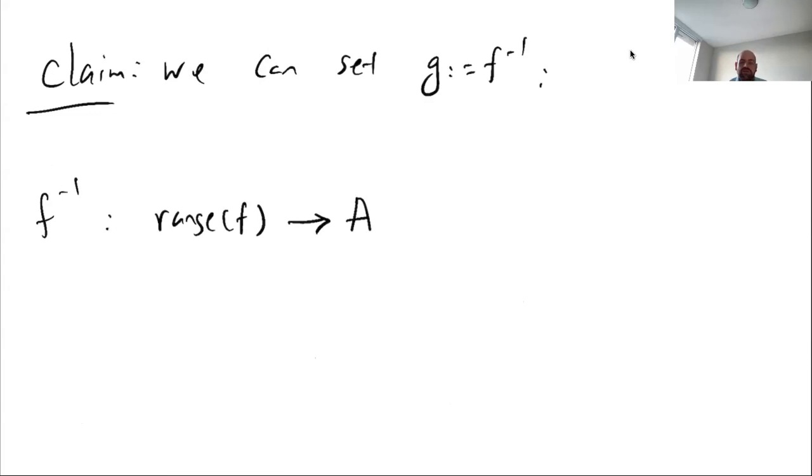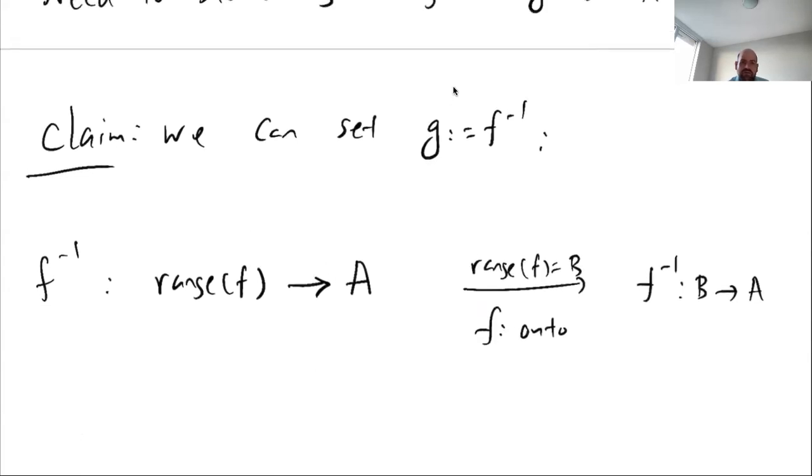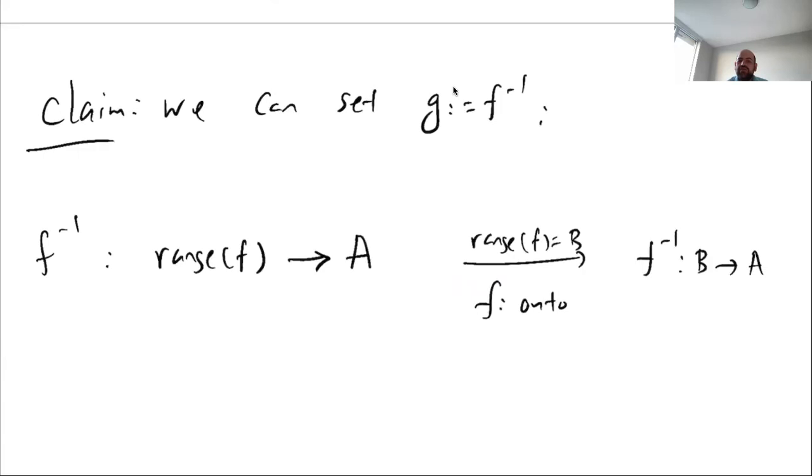So that's the first thing. And why is F inverse 1-to-1 and onto again? That's another thing we have to show.